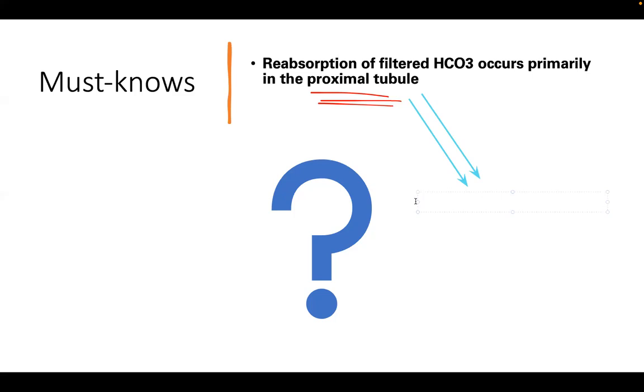Which would act on the proximal tubule? It's the carbonic anhydrase inhibitors, which of course is exemplified by acetazolamide.